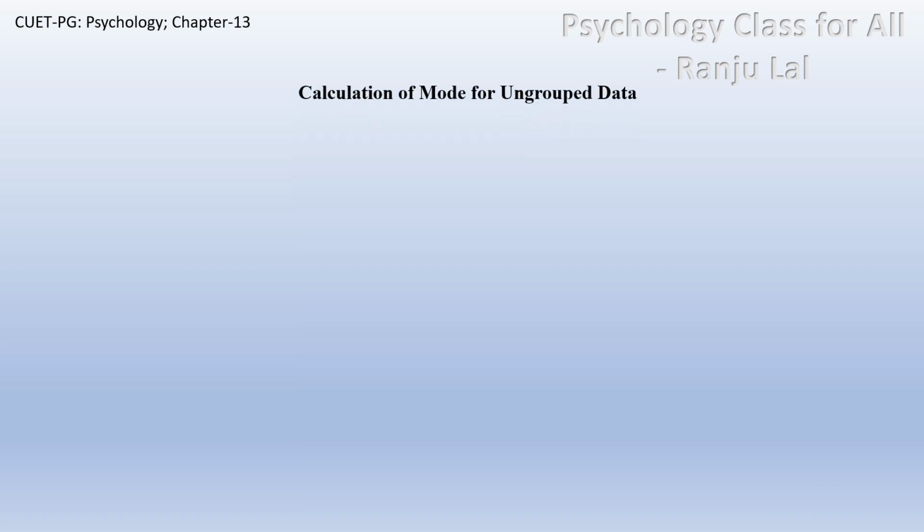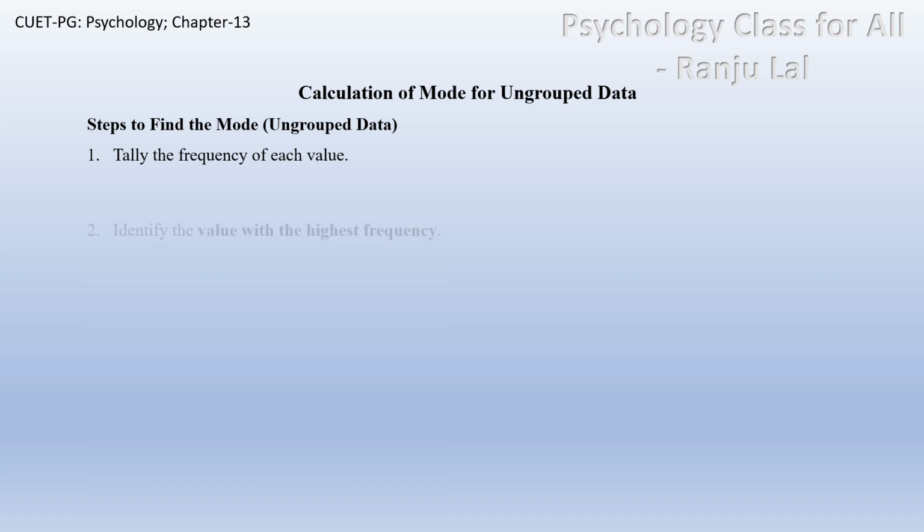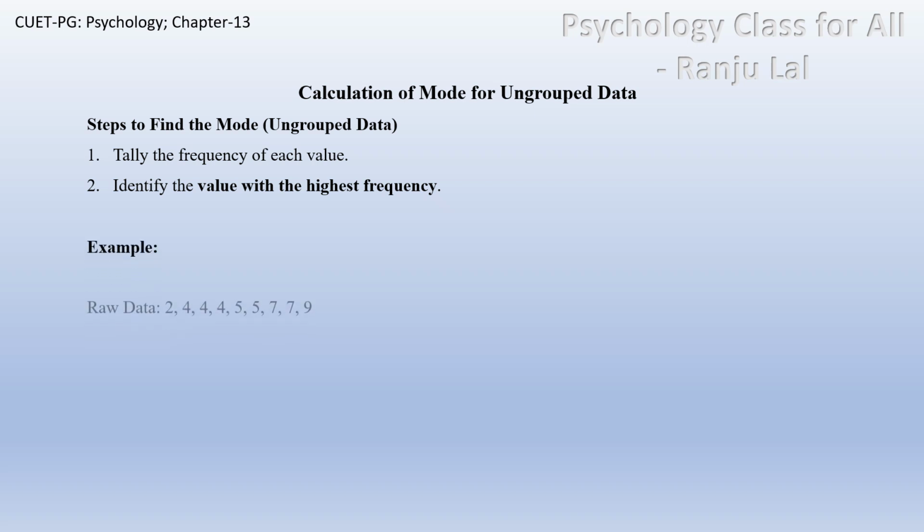Now calculation of mode for ungrouped data. The steps to find the mode from ungrouped data are: at first, tally the frequency of each value, then identify the value with the highest frequency. So this is the simplest one. Now we'll understand this with an example. There is raw data having 2, 3 times 4, 2 times 5, 2 times 7 and 9.